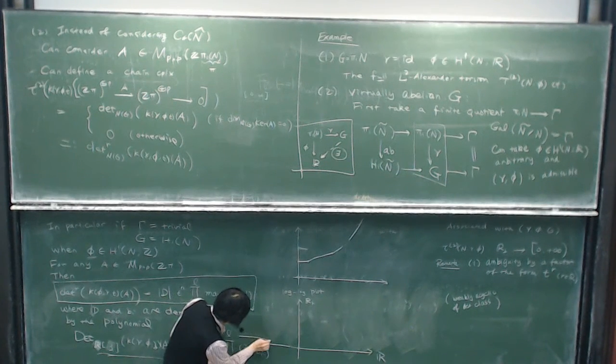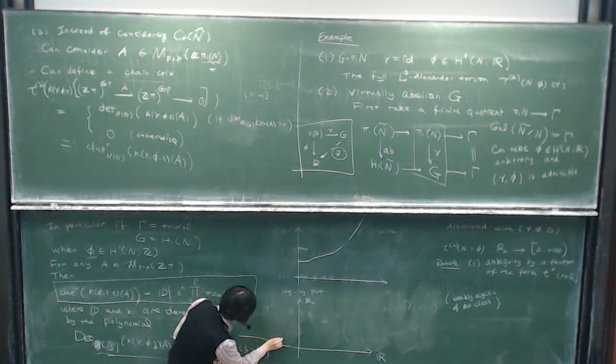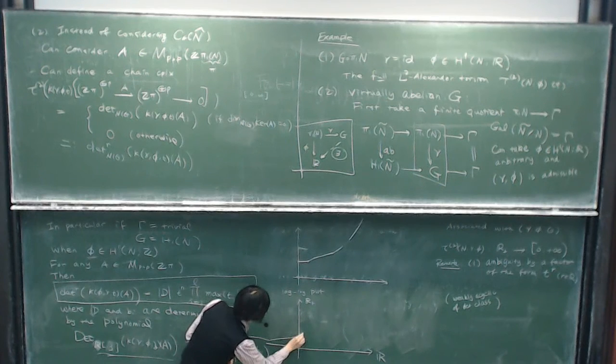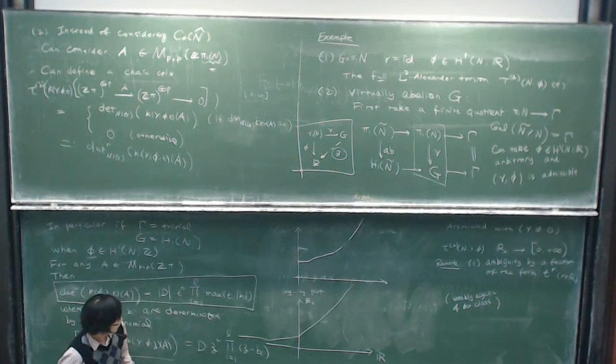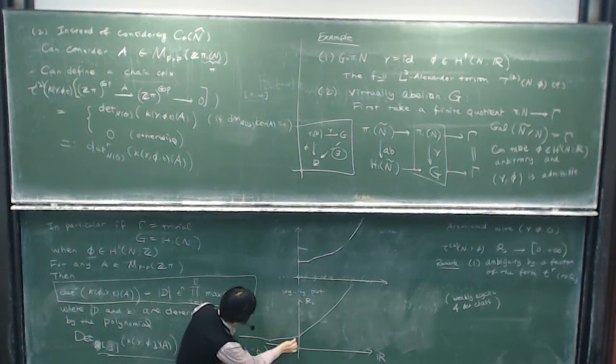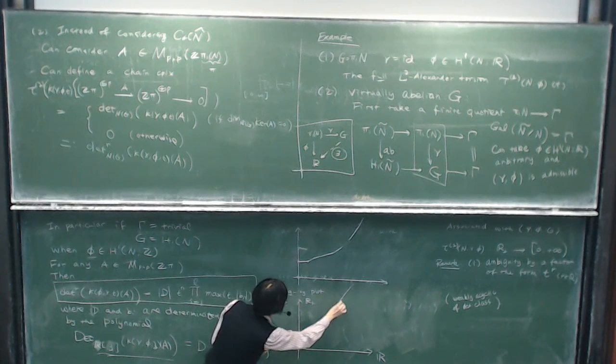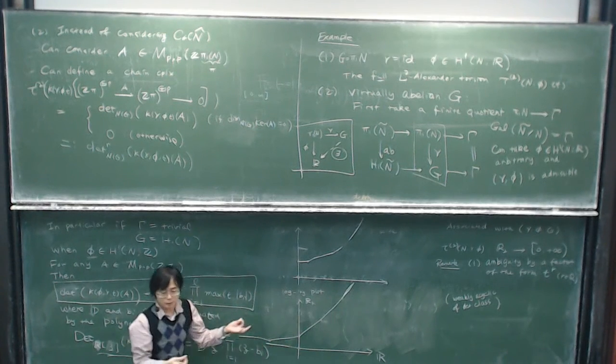And then at some point, it starts to bend up. And then maybe at some other point, it bends up more. So it's basically a piecewise linear graph in the log-log plot.